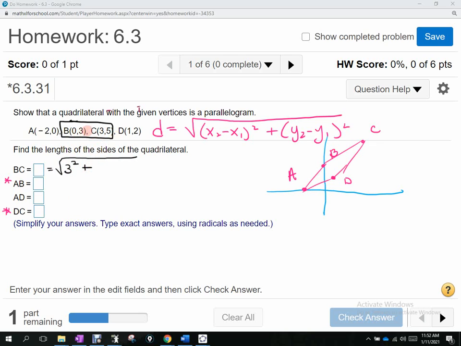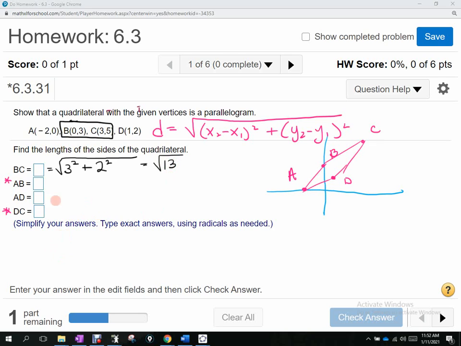Then I'll subtract their y's. And it doesn't matter the order that you subtract. So if you're going to go 3 minus 5 and get -2, or if we're going to go 5 minus 3 and get +2, it doesn't matter because when I square, a -2 and a +2 both become 4 anyways. So it's going to be 9 plus 4, which is root 13. Is that okay?